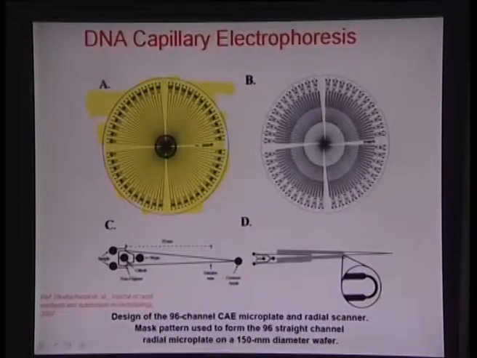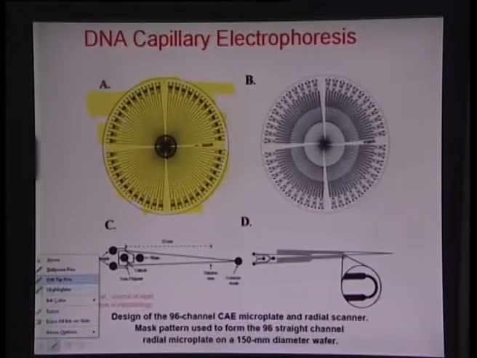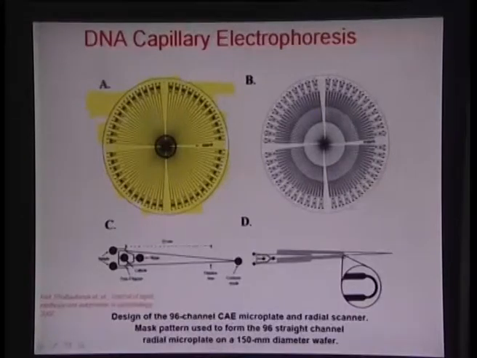So if you really look at one of the channels here, let's say we want to have a look at this one channel, essentially something like this. So you have two channels in this one structure or one unit of the channel that is mentioned here, two independent channels converging into this port here, which is also at the center and has a common anode.